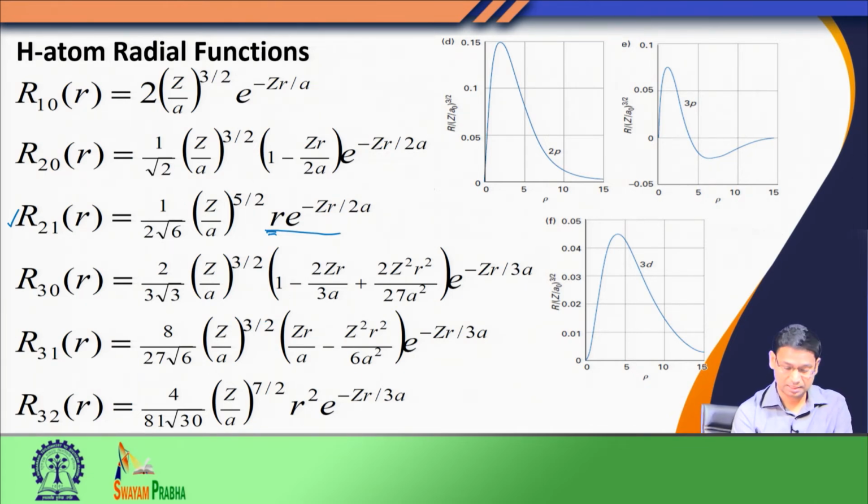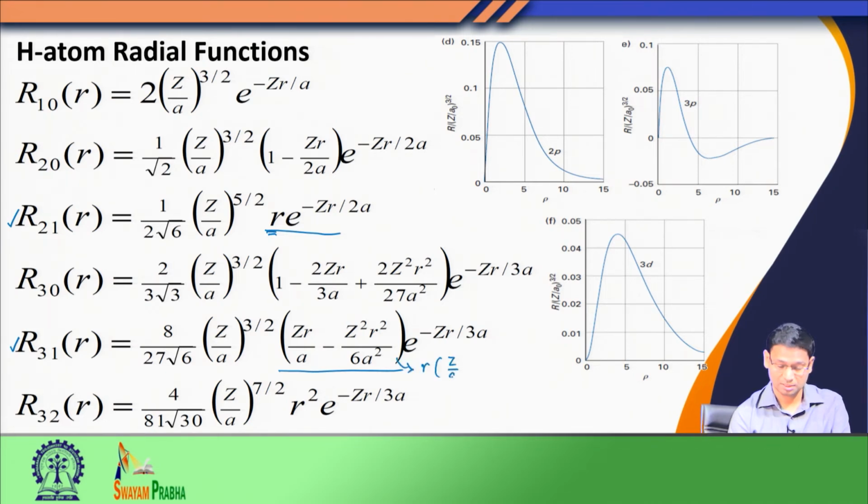Now, let us look at the 3p orbital, where n is 3, l is 1, and now again I see this function. I have a polynomial multiplied by an exponentially decaying function. When you look at these two terms, you have some constant multiplied by r and r square. So, I can take r common out of this.